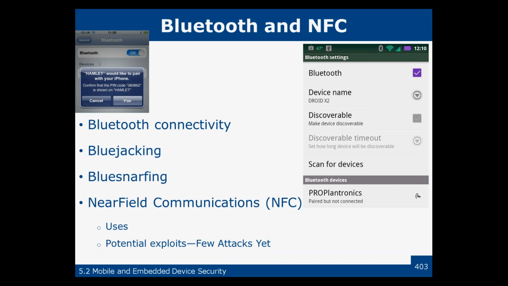Near field communication: the uses are to wave your pass in front of the gas station, or stick your phone up to the payment console at a store using Apple Pay or I guess Google Pay, as long as the telephones themselves have near field communications capability. There really haven't been a whole lot of exploits at this time.